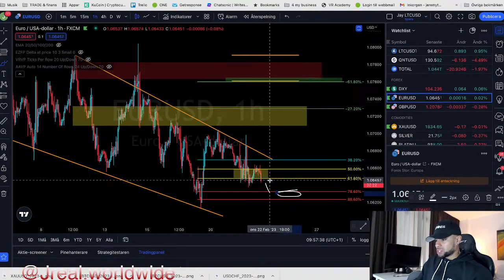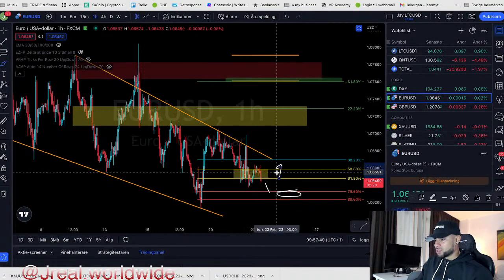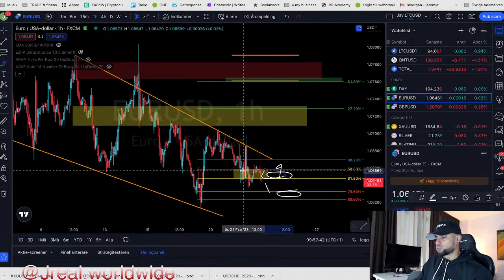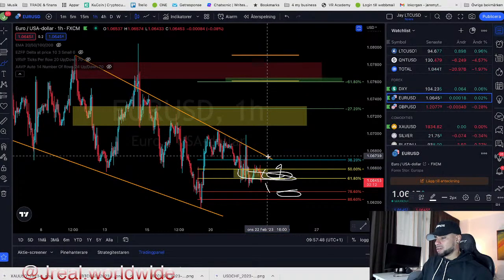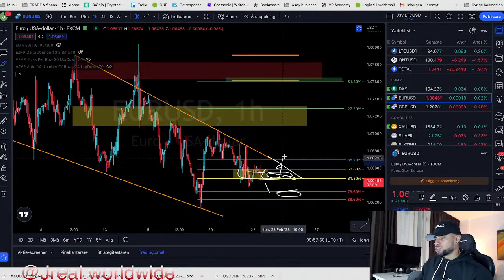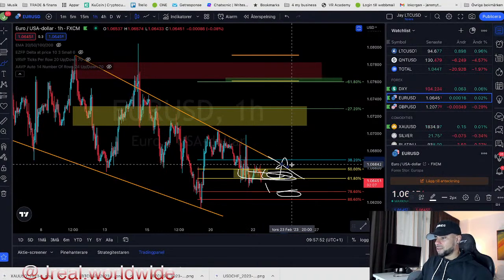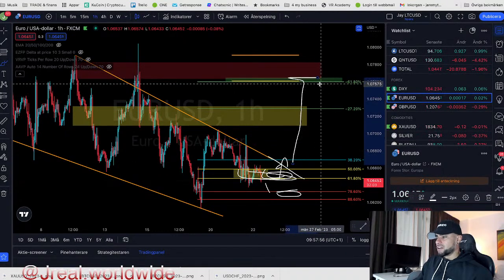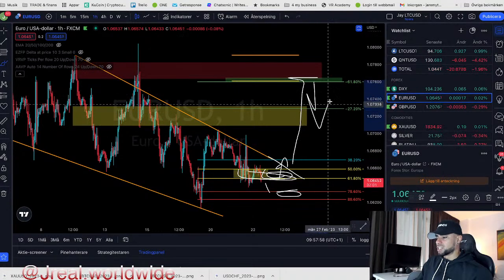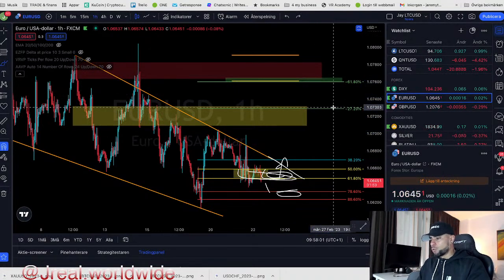If it doesn't, we want to see if it gives us a breakout from this area where it's ranging right now. It's ranging majorly right now here. So we want to see a breakout. If we see that break of this structure, then we definitely aiming for this area. And here we're aiming for a major sell.